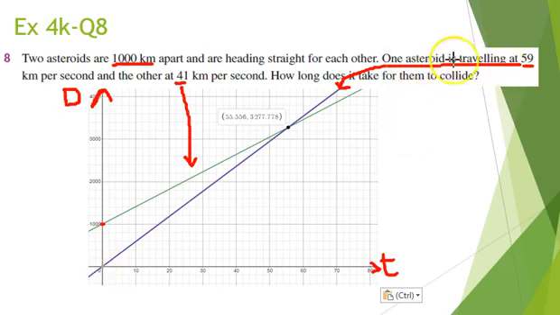So for this asteroid, which is traveling with the gradient 59, at time equal to 0, distance will be 0. As for the next time, I wouldn't say 1 because my scale is different. I would say 10. At 10 seconds, we work it out, the distance is going to be 590, so around here.